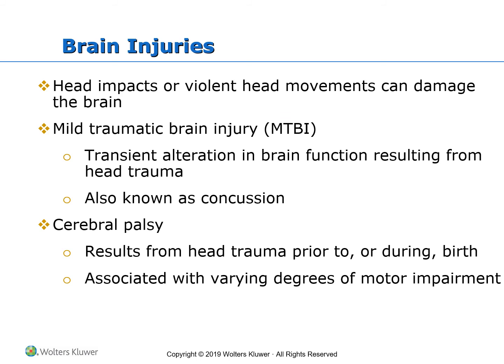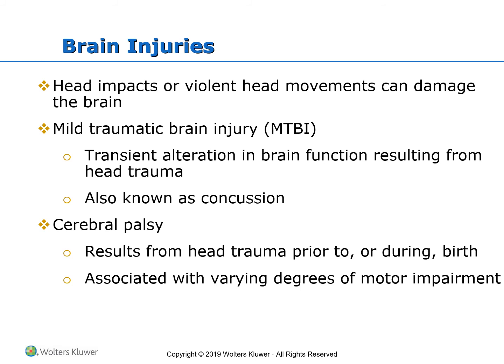Head injuries, and especially brain injuries, are a result of head impact or any type of violent head movement, and those can damage the brain. To define a concussion, this is also known as a mild traumatic brain injury. This is a transient, temporary alteration in brain function and usually results from head trauma.